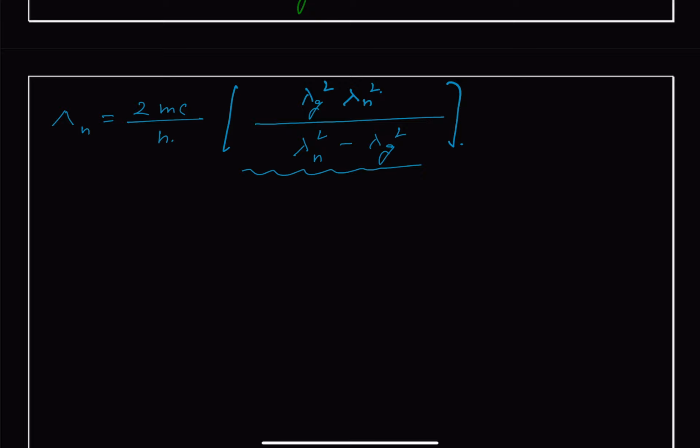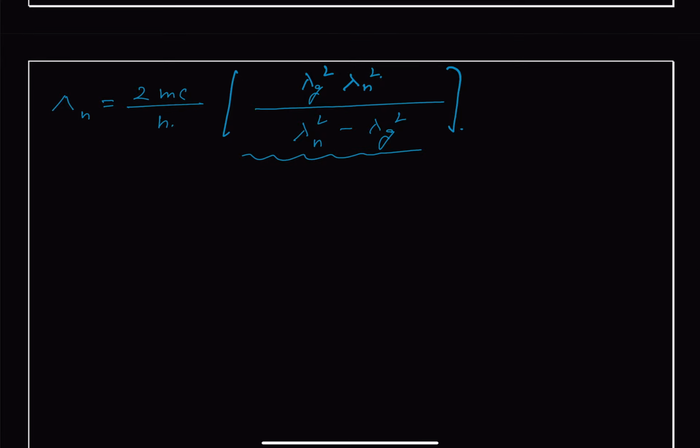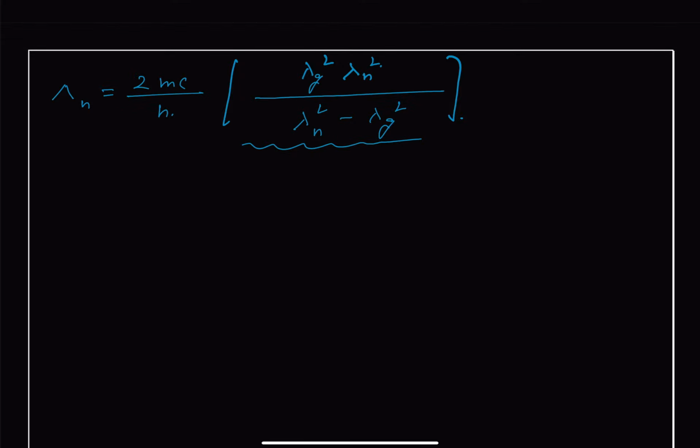This is equal to 2mc upon h, and taking lambda n square common, we get lambda g square, and we have 1 minus lambda g square upon lambda n square.